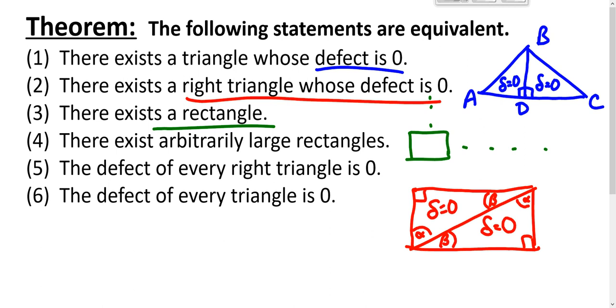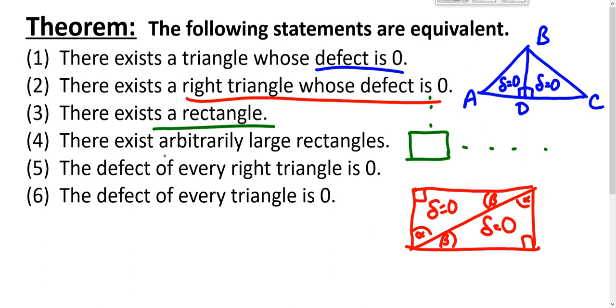How big do you want to make the base of the rectangle? Do you want to make it 11/12? Great, we can make it 11/12. Do you want to make it 36? Great, we can make it 36. We just pile up enough of these congruent rectangles to do the job. That is a strictly Euclidean idea. It is based on this idea of defect being 0.